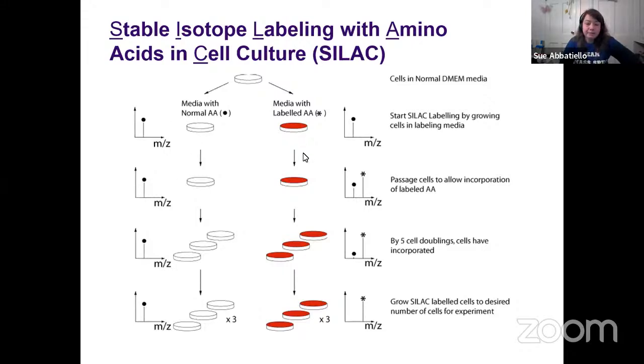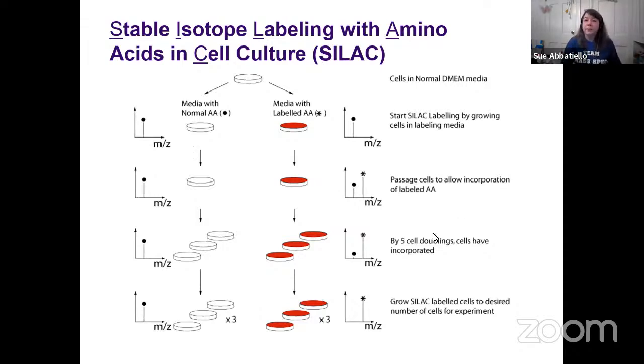And once these cells are labeled and you go to harvest the cells, you can combine them immediately. So any sample prep steps that these cells go through, they are seen equally and will have the same level of variability. This is one of the most ideal situations because you can combine your samples very early on in the process.